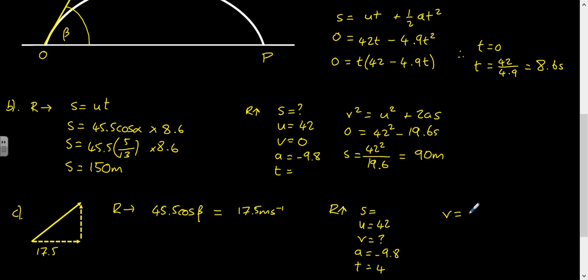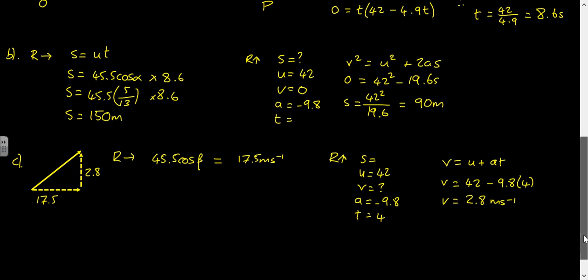So v equals u plus at will give us the velocity. v is 42 minus 9.8 multiplied by 4. So the velocity is going to be, on the calculator, 42 minus 9.8 multiplied by 4, which is 2.8. So our vertical component is 2.8.